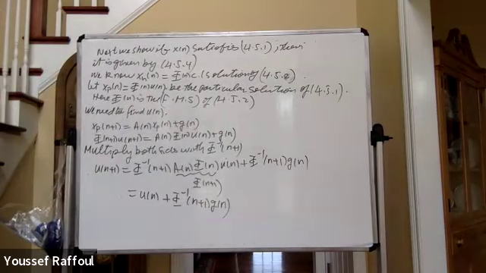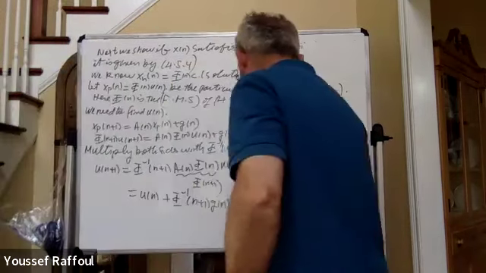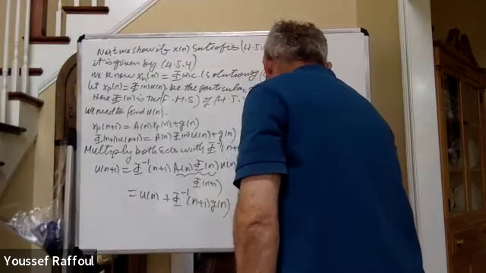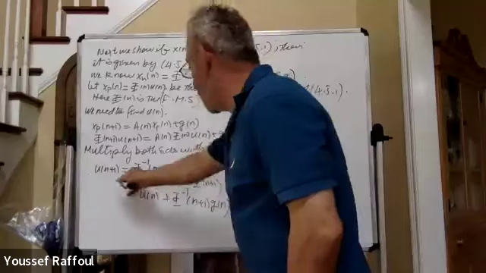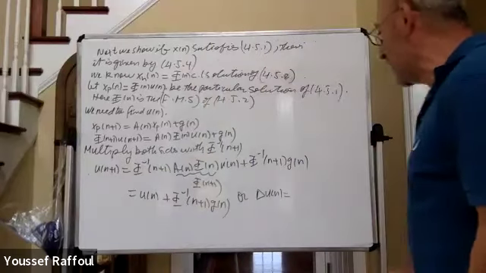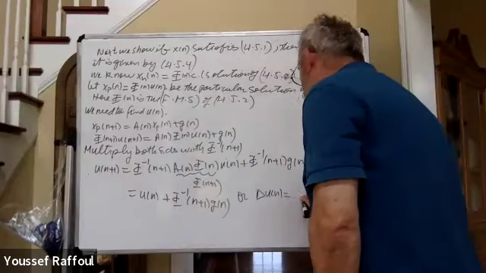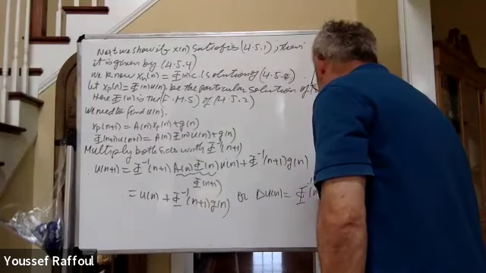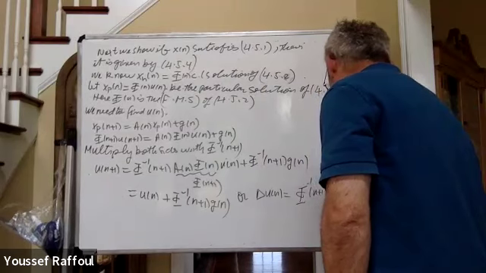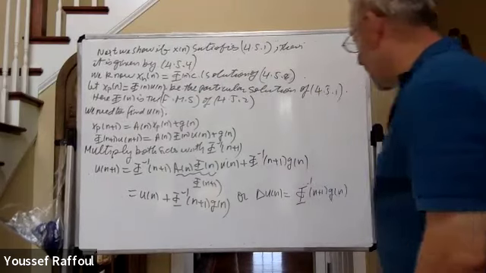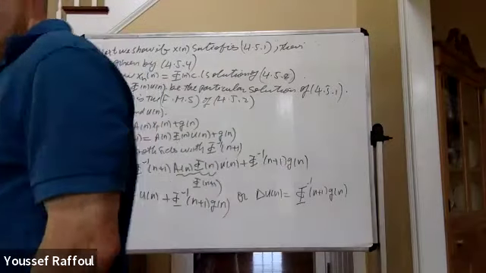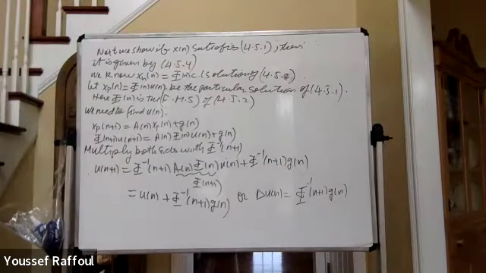Okay? So, or del un, take un over there. You get un plus 1 minus un. That's del un equal phi inverse of n plus 1 gn. Okay?